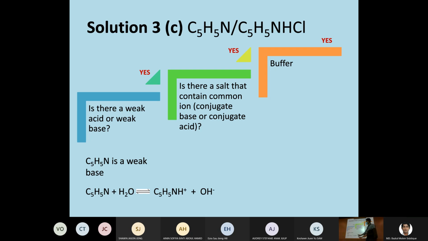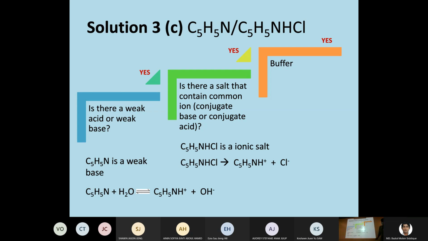Third is pyridine, C5H5N. So is it a weak base? Yes, it is a weak base, and since it is a weak base, it dissociates partially. The conjugate acid of that weak base, the common species it has, is pyridine hydrogen chloride.